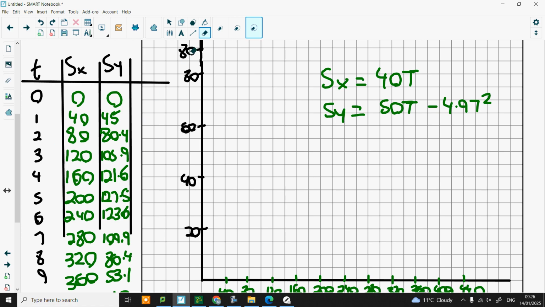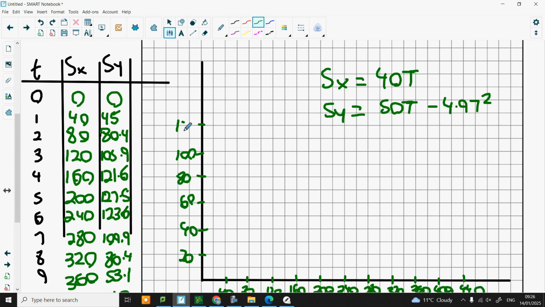Roughly 125. Now, how am I going to do this? I think I'll make every block worth 10 maybe. 20, 40, 60, 80, 100, 120, 140. I think that's as best as I can fit that in.